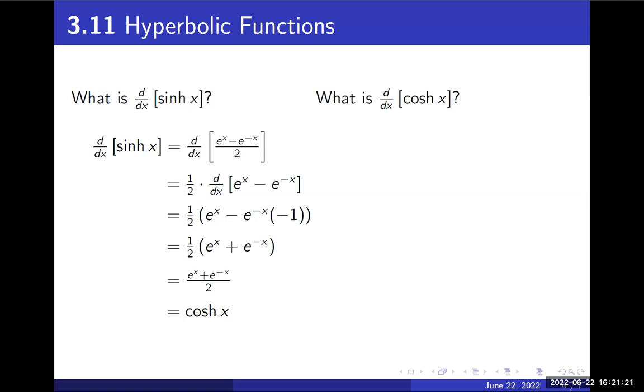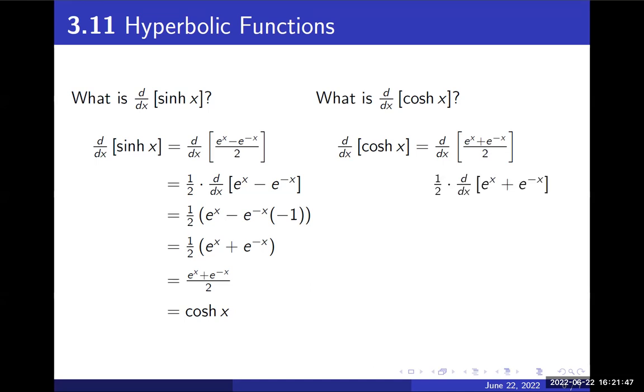Okay. Well, let's investigate the derivative of cosh x. Wouldn't it be amazing if this turned out to be negative sinh x, just like the trig? Let's see. It's not going to be too difficult to figure out. e to the x plus e to the negative x over 2. We'll go through very similar steps.